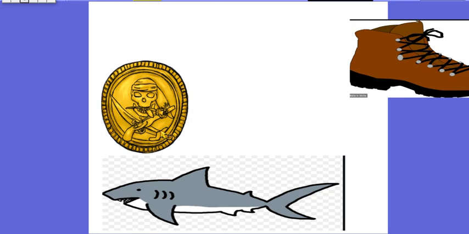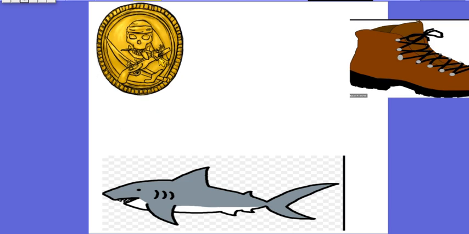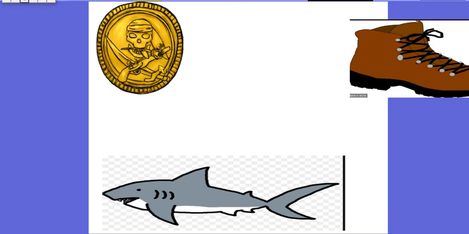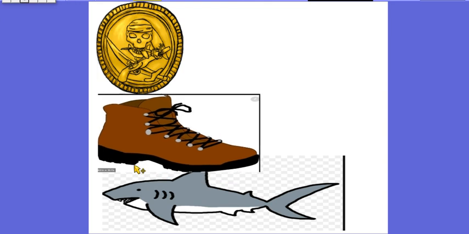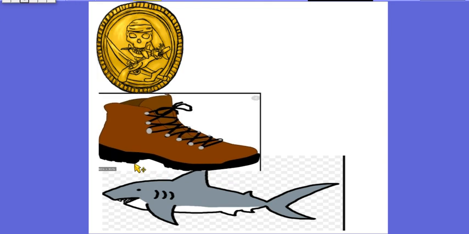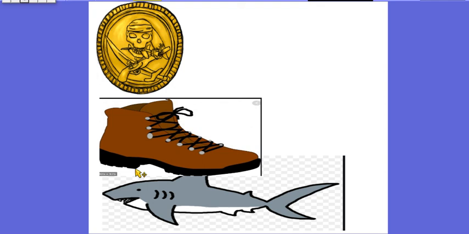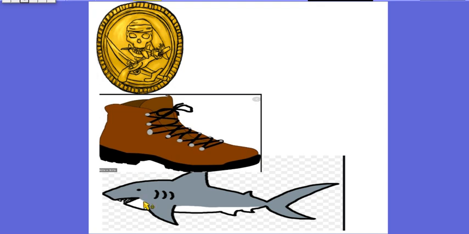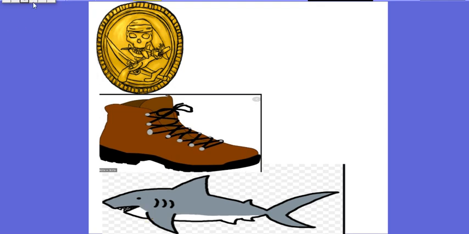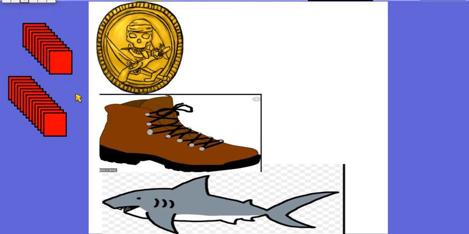So yes, the coin is definitely shorter than the shark. And then I've got the old boot, and I think that one goes in the middle because that is definitely shorter than the shark as well. Okay, so we can say that the treasure coin is the shortest and the shark is the longest.